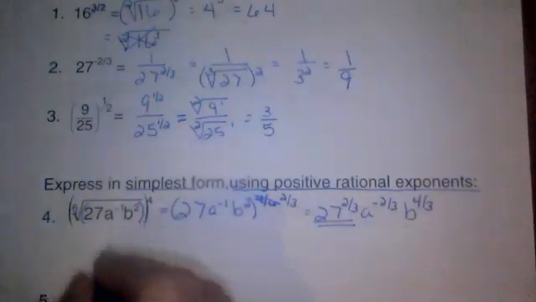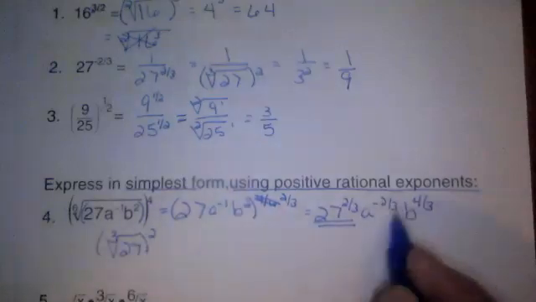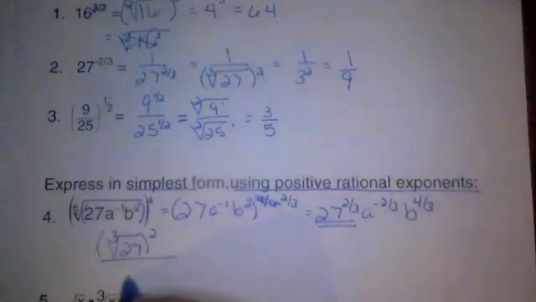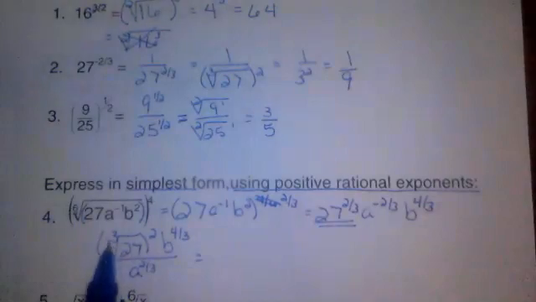So we're going to have the cube root of 27 squared, and then the a to the -2/3 power. To make that positive, we move it to the denominator, and the b to the 4/3 power would stay in the top. So one last step, we're going to simplify this.